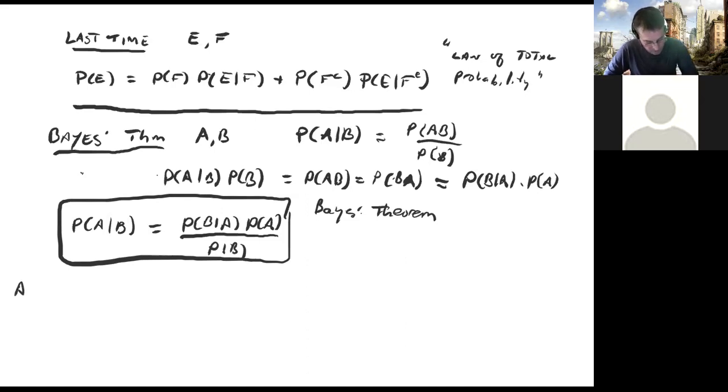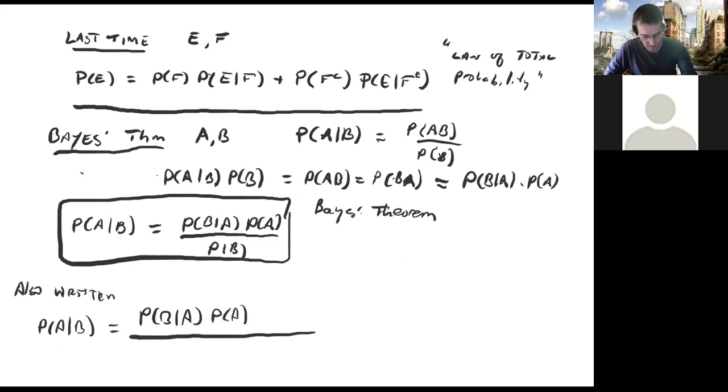So it's also written as the probability of A given B is the probability of B given A times the probability of A over, now we apply the law of total probability, which we have over here, the probability of B, which is given by the probability of A times the probability of B given A plus the probability of A complement times the probability of B given A complement.